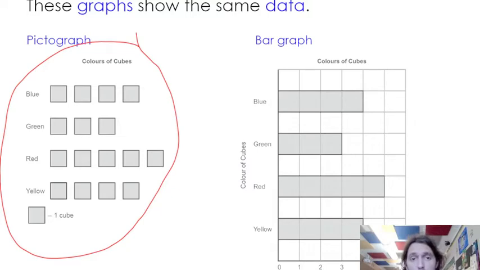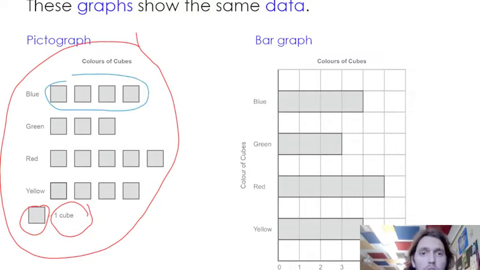Essentially it is a pictograph. We're using squares or cubes, and one picture of a cube equals one actual cube, right? So if we look at the blue one here, how many blue cubes do we have in total? Since one cube equals simply one cube, we have 1, 2, 3, 4, right?